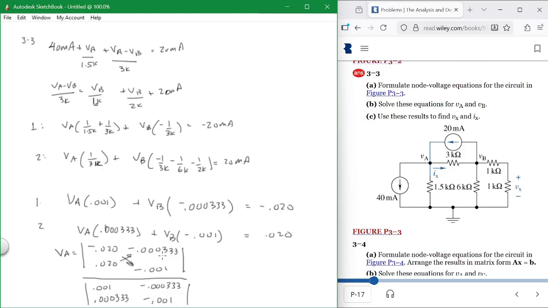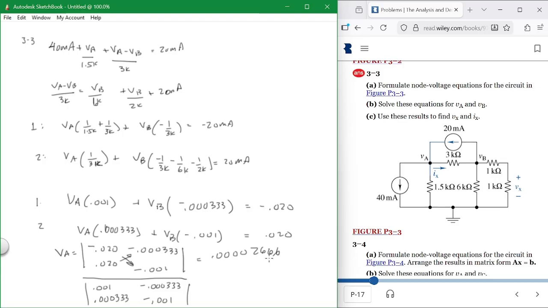What do you get? I get 0.000266. Is that what everybody got? Did you get that? Anybody else? Did everybody follow what I did?